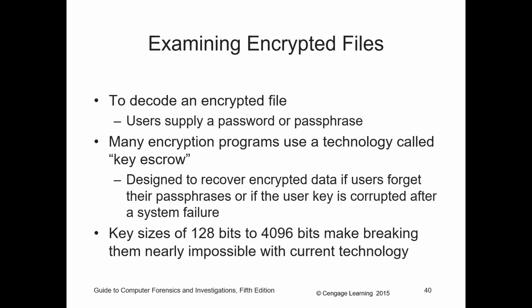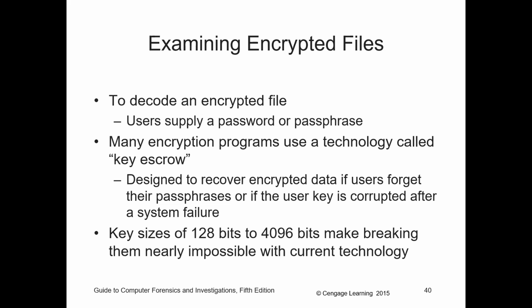So when examining encrypted files, it's important for us to always decode an encrypted file. The users will always supply a password or a passphrase. Many encryption programs use a technology known as escrow to help us manage this kind of passwords. So this escrow basically helps us in containing this information that we are going to have within our hidden files.